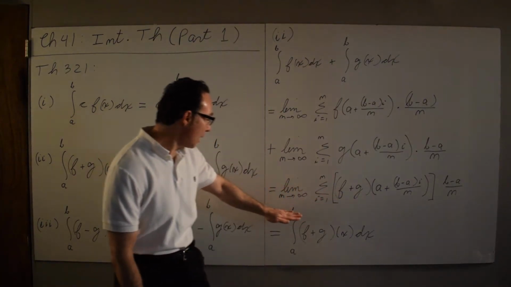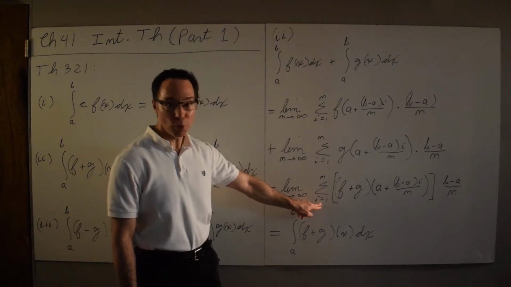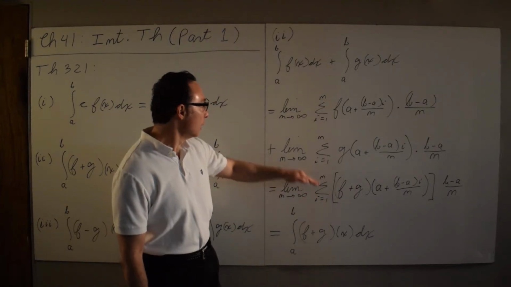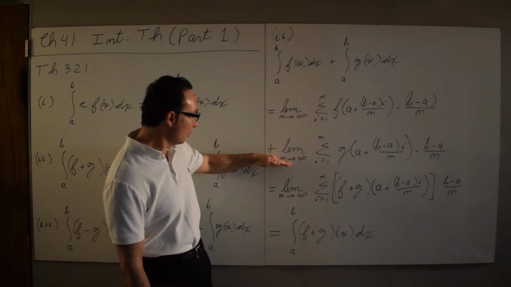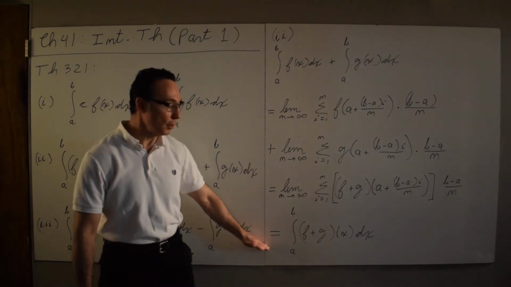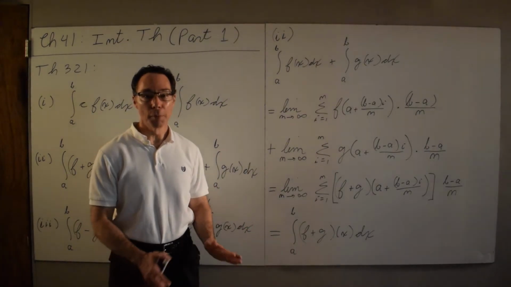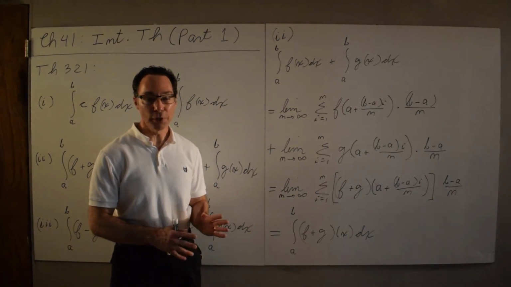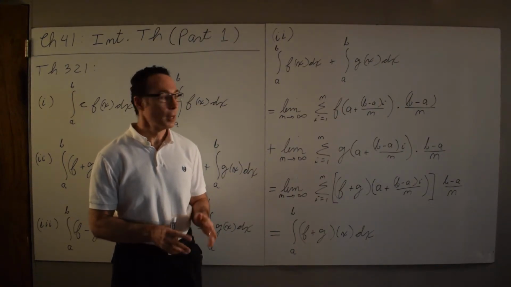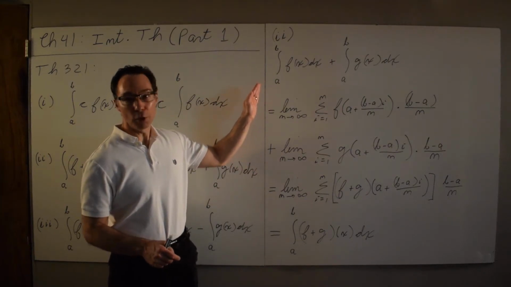The limit of the sum is the sum of the limits, and we can sum things in any order. And so the sum of these two limits becomes this limit. And then this is simply the integral of f plus g of x dx. I'm going to step out of the frame for a moment so you can look at this and take your notes. Then I'm going to come back in and show you how to create the proof of part 1.